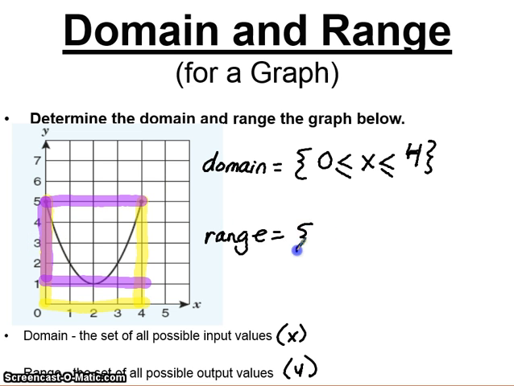So what's the lowest number it can be? 1. And what's the highest number it can be? 5. And can it be equal to 1 and 5? Does the graph touch at 1? Yes. And does it touch at 5? Yes. So we add our equal signs on it. So the domain is all the numbers from 0 to 4, and the range is all the numbers from 1 to 5.